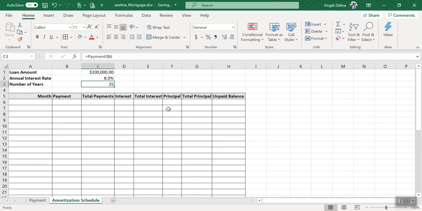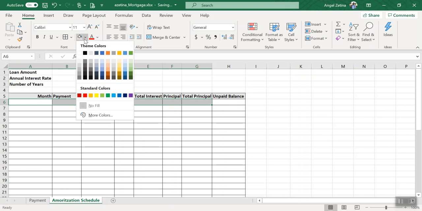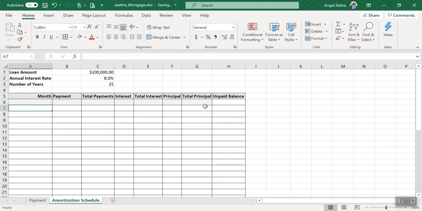With this information, we can start creating the schedule. We start by entering the information in this cell first. The first row here is not really populated because we enter what we owe. So we generally do not use this first set of cells.